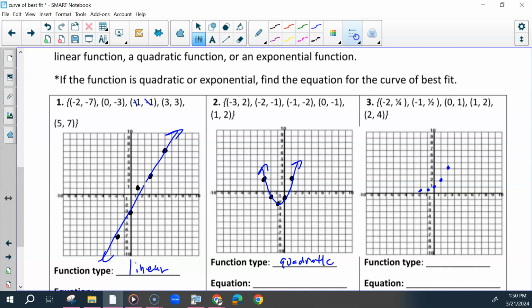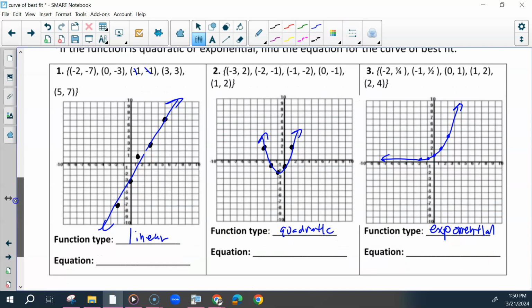And then this makes that curve shape, and that's going to be your exponential function. So then to find the curve of best fit, we're not going to do that for the first one, but we will do that for the last two. So we'll do the quadratic in the calculator just as a refresher, and then the exponential in Desmos.